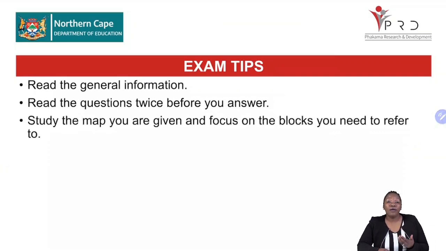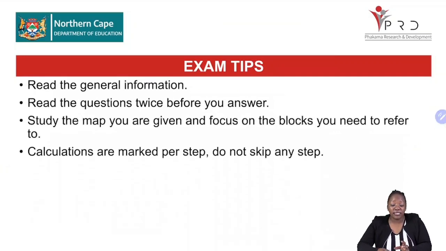And also, we are looking at question 3, which is your map work. You will always be given an instruction. For example, they can say refer to block B1. So when the question is giving you a block to refer to, you go to that block so that you can identify those features that you need to answer.